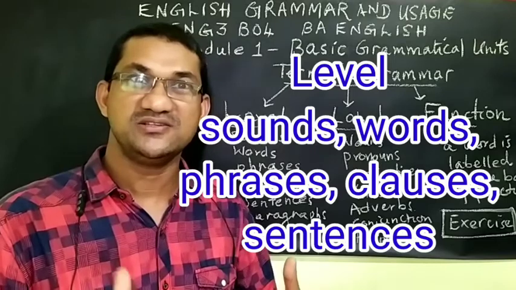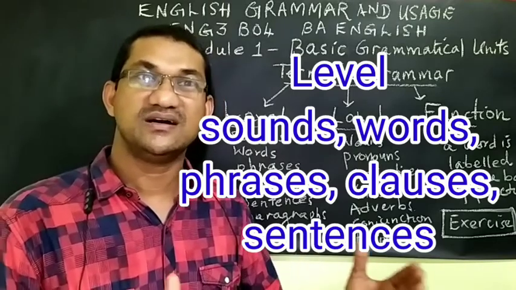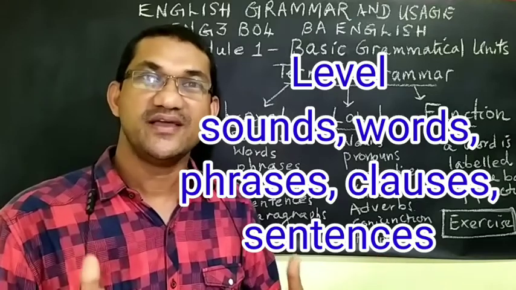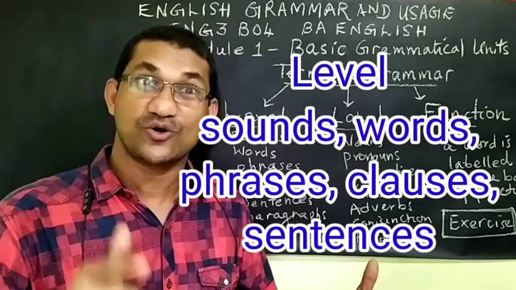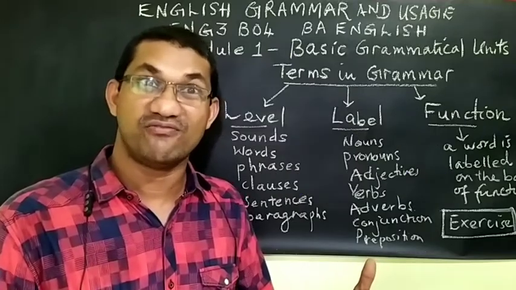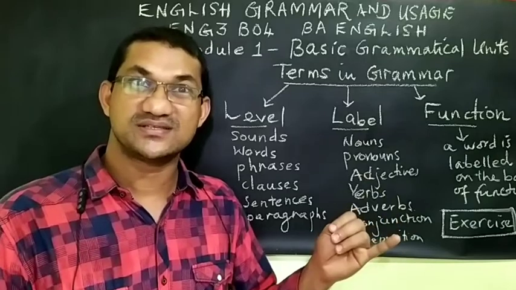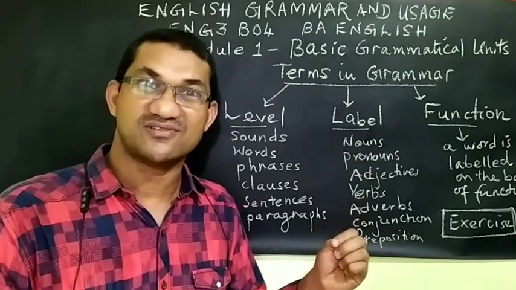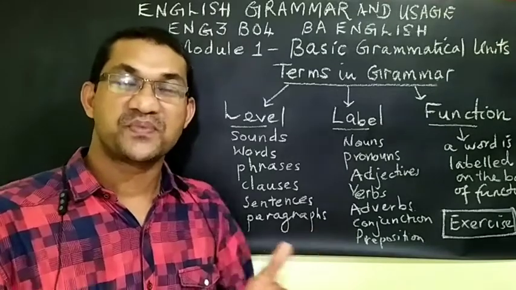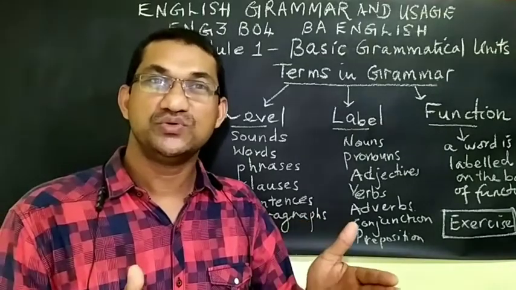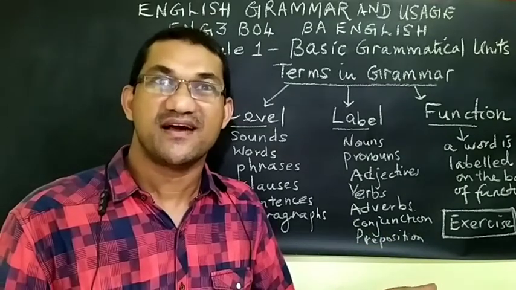Alex is an intelligent boy. Geeta is a good girl. India is my country. All these are sentences. So language is made of sounds, words, phrases, clauses, sentences, and the last level, paragraphs. Two or three sentences combined make a paragraph.